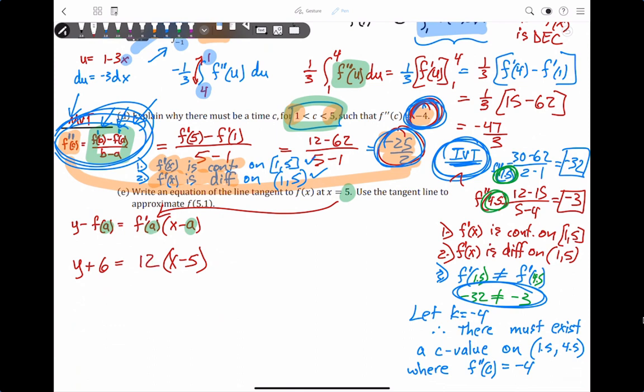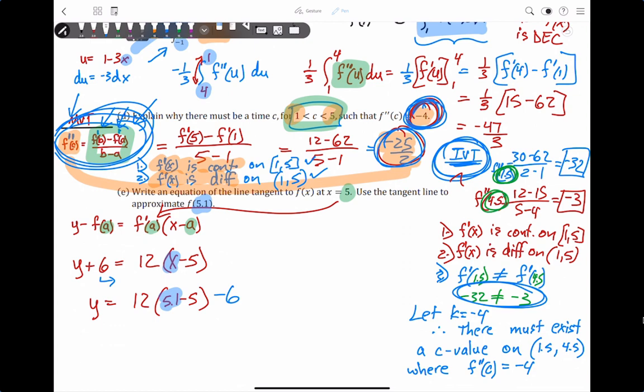And now what I'm going to do is plug in, because I'm going to use this equation in the tangent line to approximate what 5.1 would give us. Okay, and yes, you could do this by hand or you can use a calculator. We'll say that y is equal to 12, in this case, 5.1 minus 5, because I'm going to plug in my x value of 5.1. And then I'm going to move this 6 over by subtracting it over, and then I'm done.